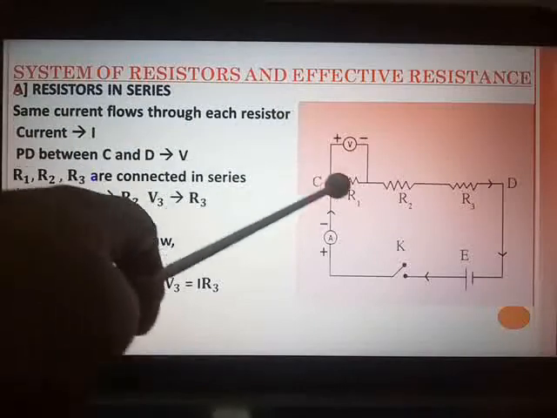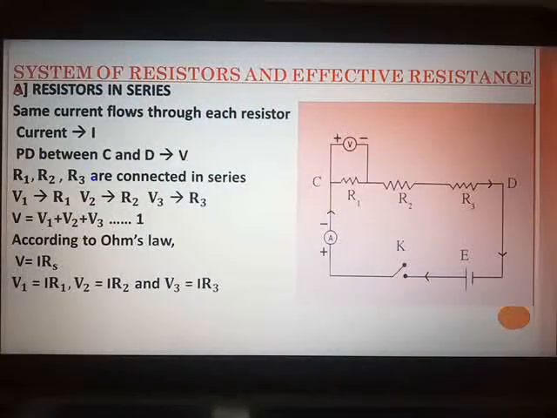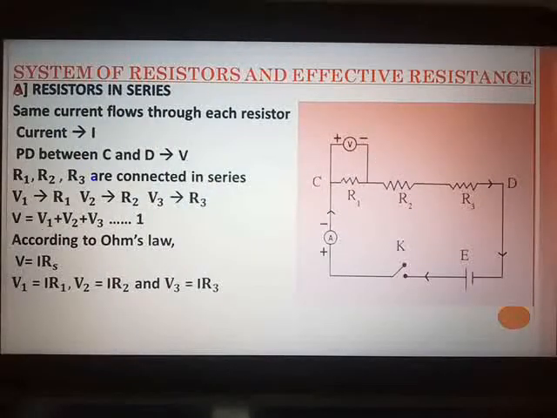R1, R2 and R3 follow a linear pattern one after the other, and these resistors are hence said to be connected in series.